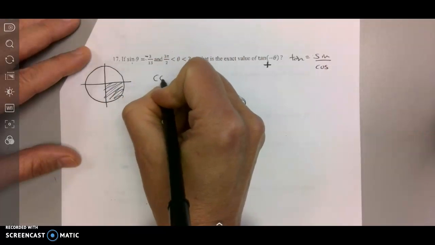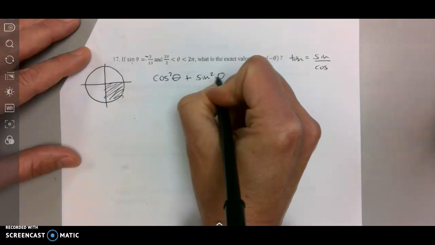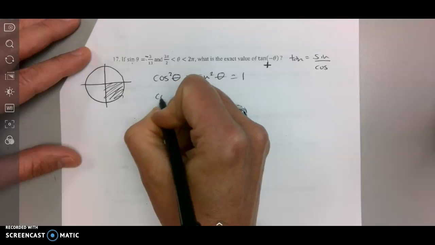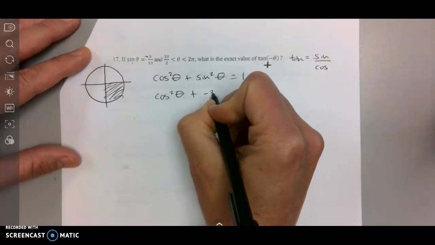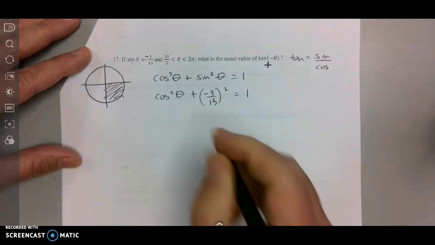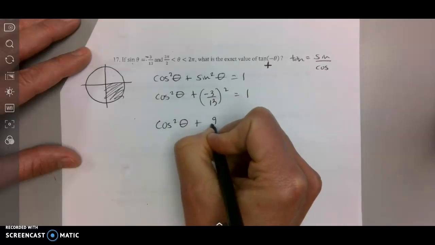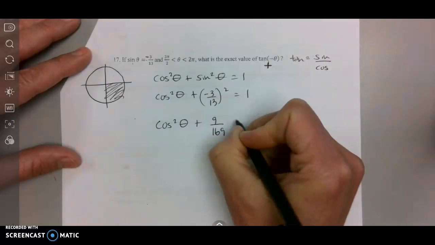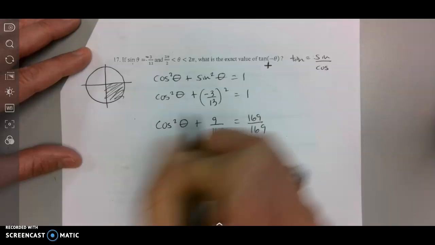So I'm going to use again my Pythagorean identity theorem. Cosine squared of theta plus negative 3 over 13 squared equals 1. So I have cosine squared of theta plus 9 over 169 equals 169 over 169.